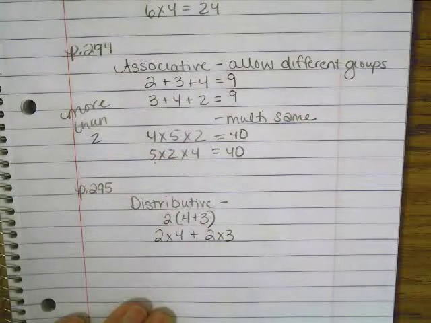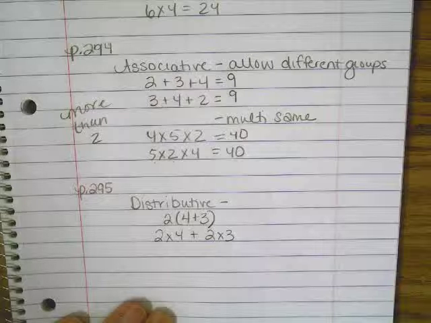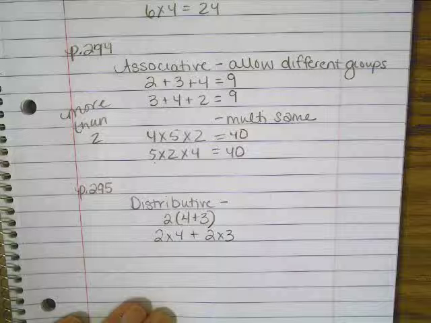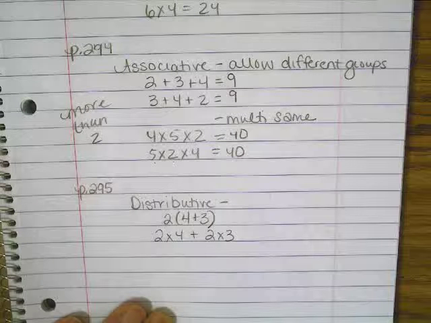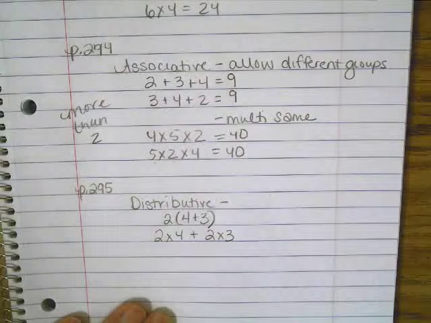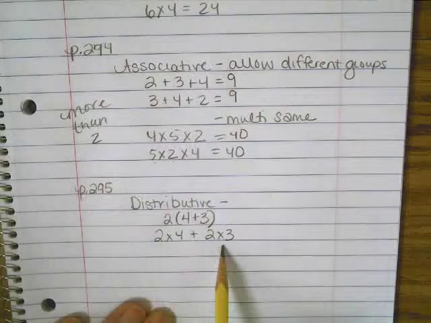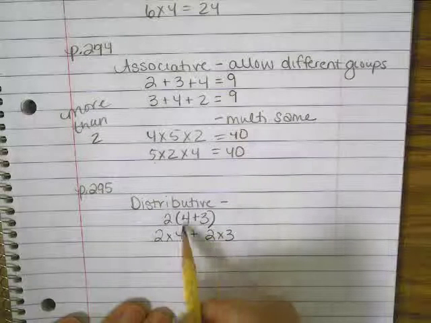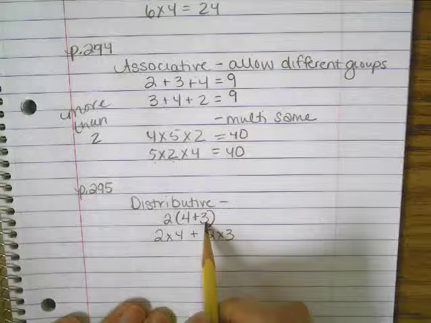Yes or no? Are we going to get the same answers? Yes. Because what do we do first? What's our first step? Do we add, subtract, multiply, or divide first? When we just see a problem that looks like this, what's our first step? We always multiply first, right? So in this one we see parentheses, so we add first, right?